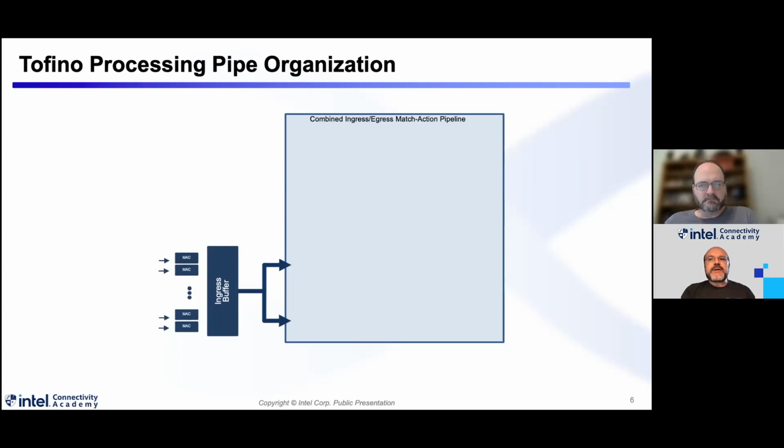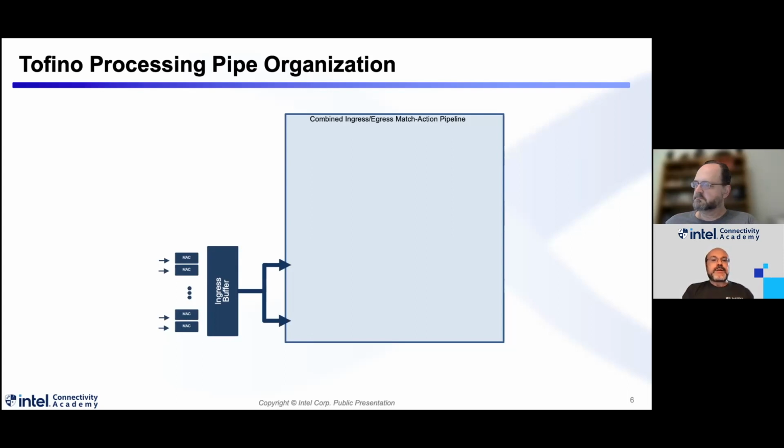These ports are hardwired to a processing pipe, and each pipe can process packets from up to 18 100-gigabit-per-second ports. 16 of them are standard Ethernet ports, and there are 2 extra ones for recirculation, packet generators, CPU interfaces, and so on. These 100 gigabit per second ports can also be split into individual 25 gigabit per second ports, and there are many other combinations.